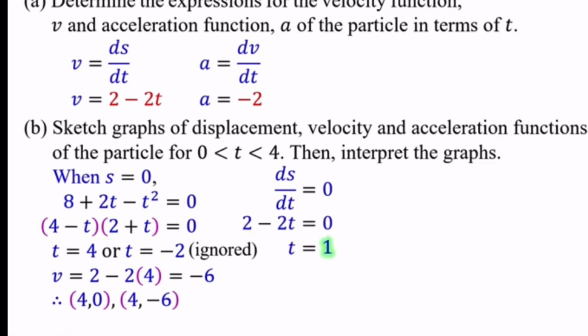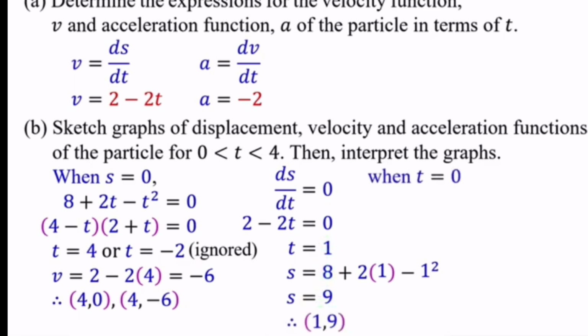Alright, so actually we will let the ds/dt equal to 0, and then we find out that t is equal to 1. When the velocity is 0, the time is 1. Alright, so when time is 1, we have to find the displacement.